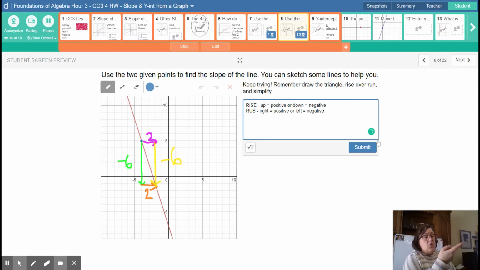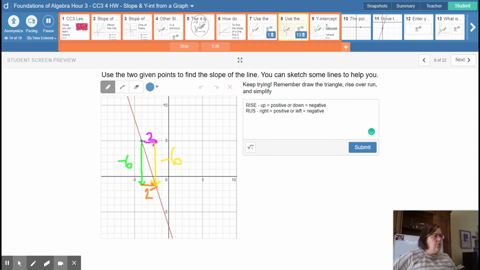It might be a good idea, because you're not going to see this on your slide, for you to take a screenshot either on your Chromebook or if you have your own device. All right, I'm going to unpause. When you have what you need there for slide 8, go ahead and bop up to slide 9.